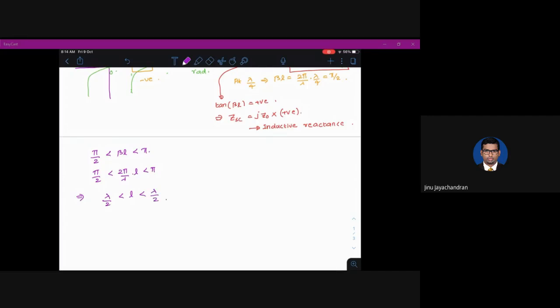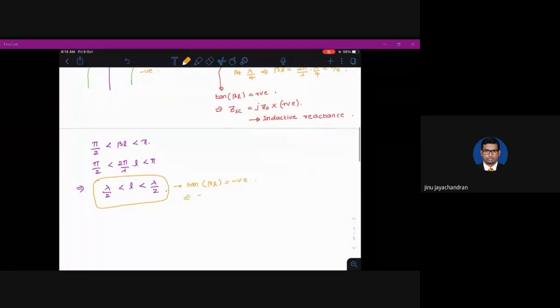In this region, the value of tan beta L is negative. This implies Z_SC is equal to jZ0 multiplied by some negative value, and this realizes a capacitive reactance.